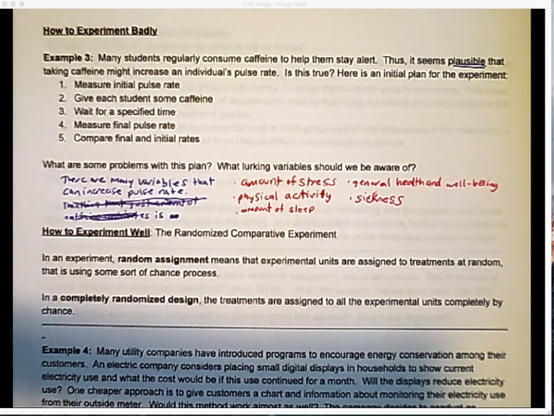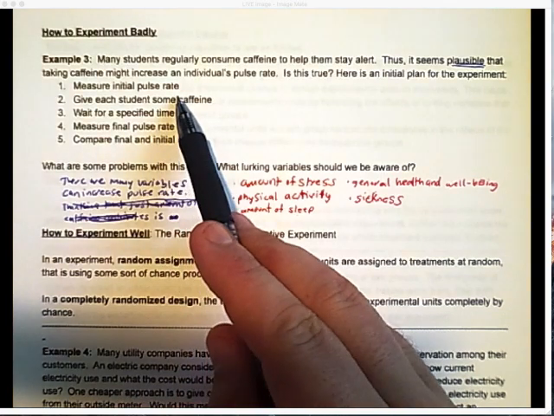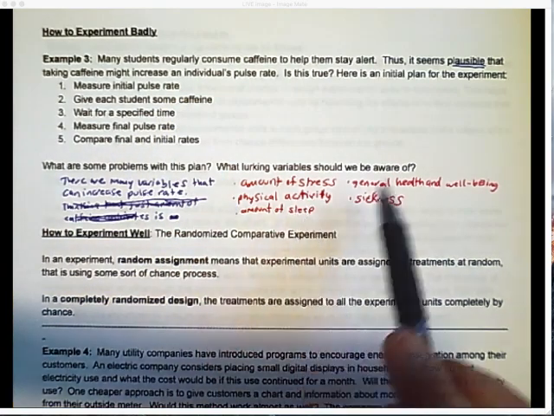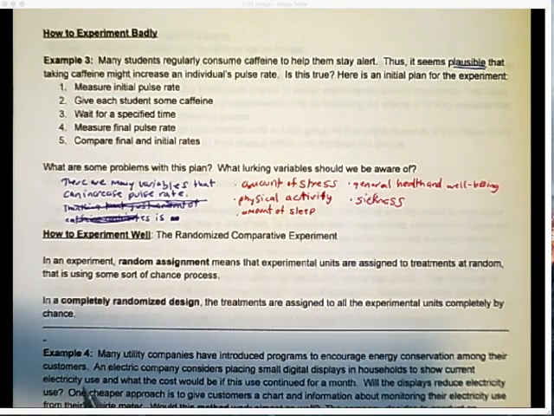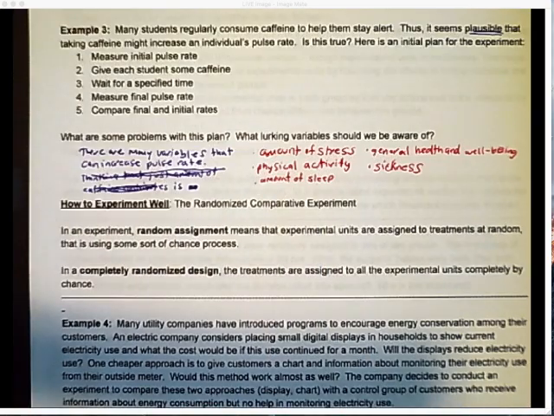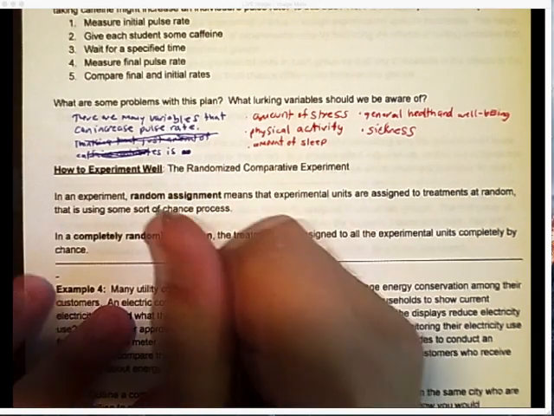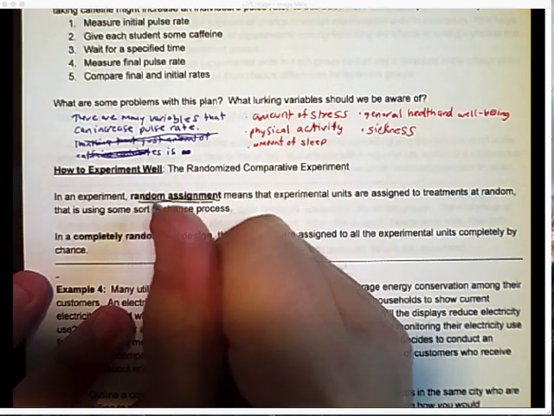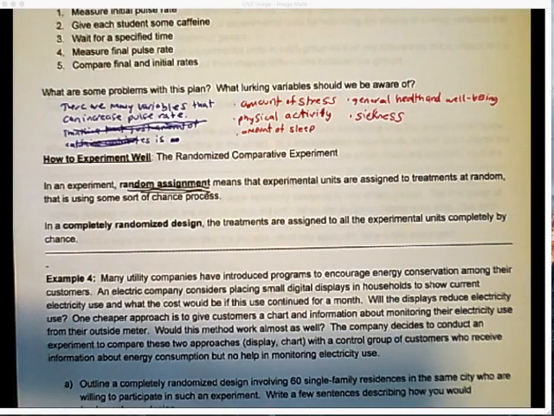If you think something might influence something else, the best way is you need to control for these other things. You need to take them out of play. So how to experiment well is the randomized comparative experiment. Here's a couple ways that you can do that. If you randomly assign people to groups, that's one definite thing you have to do in an experiment.